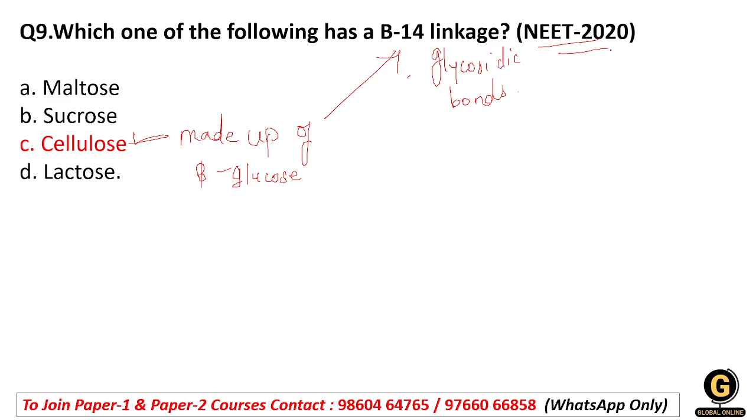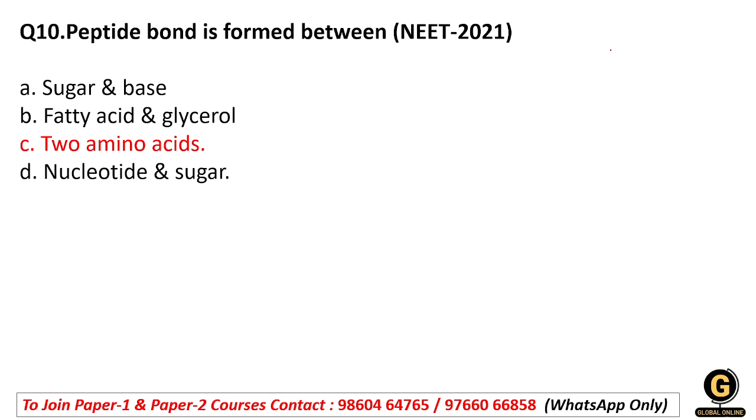Moving forward to the next question, students. Peptide bond is formed between dash. The options are sugar and base, fatty acid and glycerol, two amino acids, nucleotide and sugar. So the answer is two amino acids, because a peptide bond is a covalent bond present between the carboxylic group of one amino acid and the amino group of another.